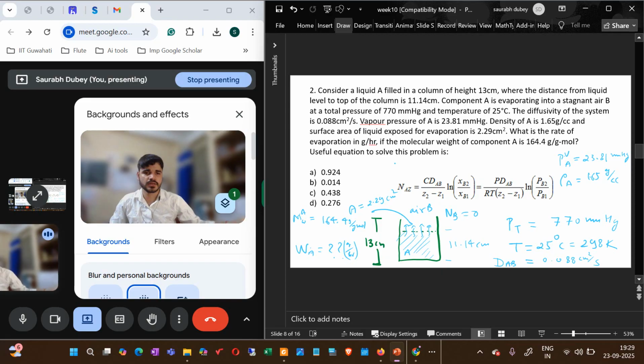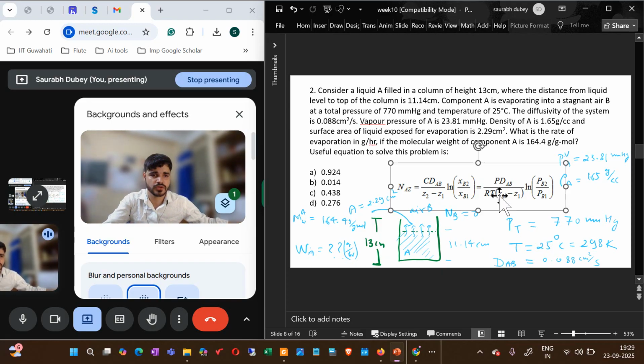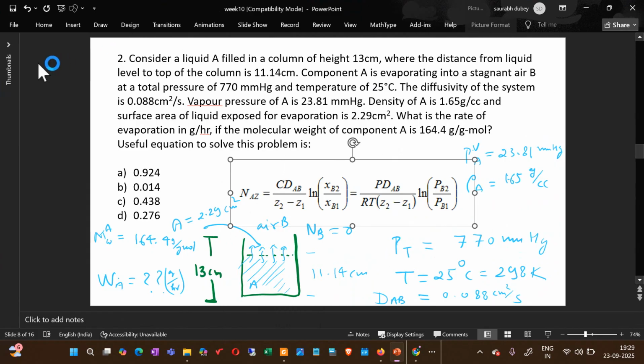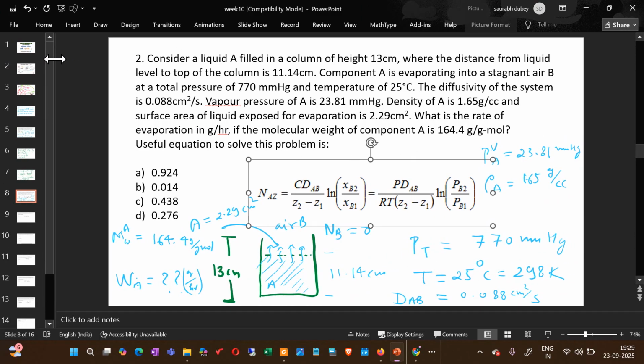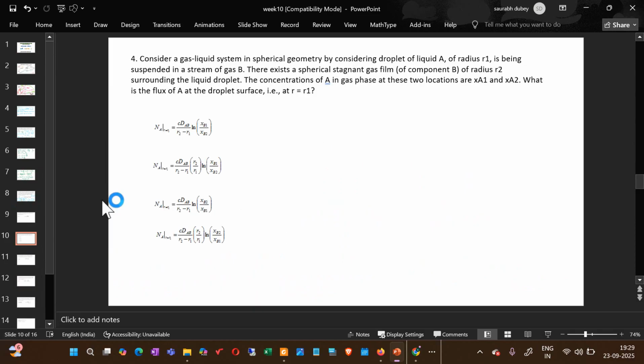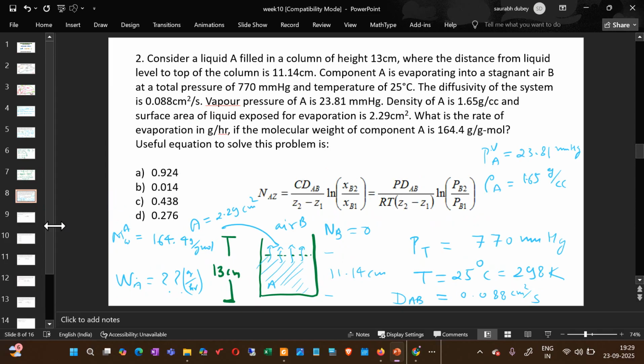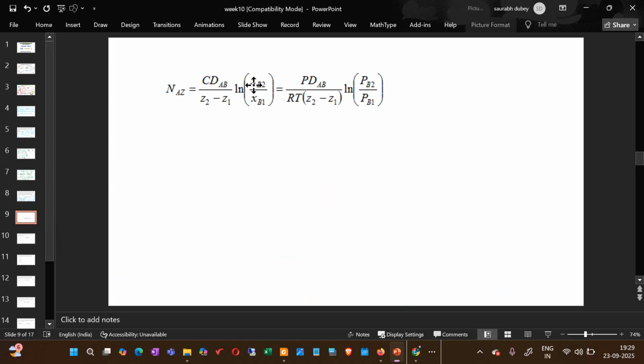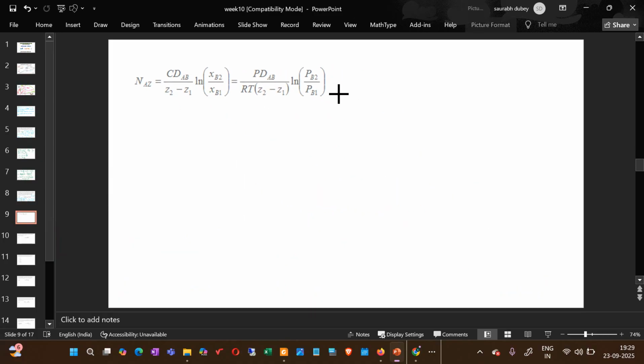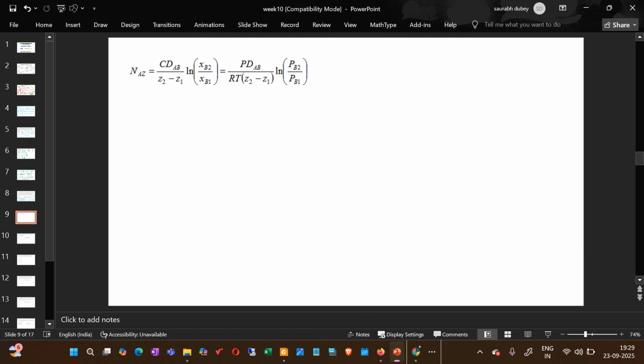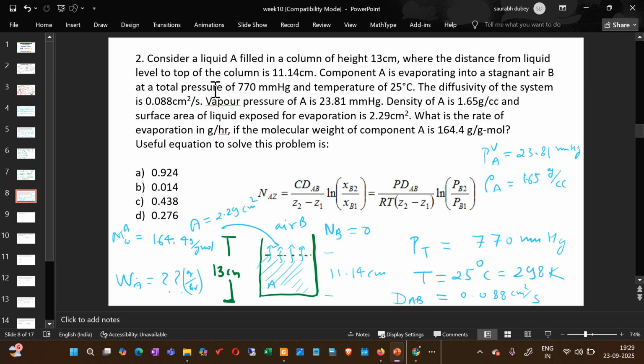A useful equation to solve the problem is given. Even if it is not given, you can still solve it, but here it is given, so there is some simplicity, right? Let me just keep it here. So how are you going to solve it? Through the problems we are understanding the entire thing.